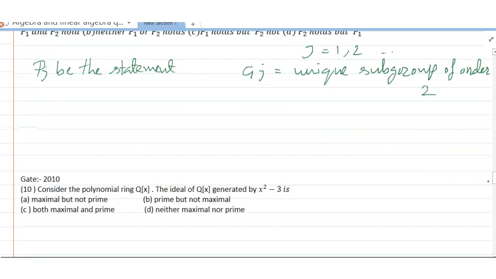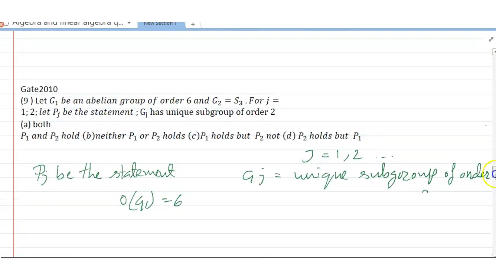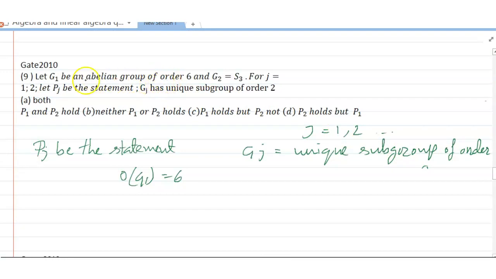Let's see. The order of G1 is equal to 6. G1 is an abelian group, and the order of G1 is equal to 6. So 6 is equal to 2 into 3, and 2 divides 3 minus 1.